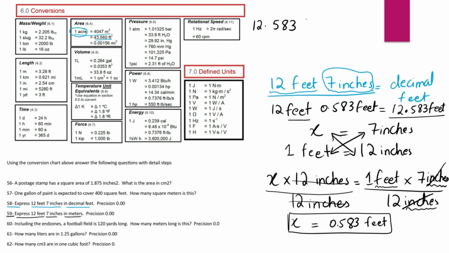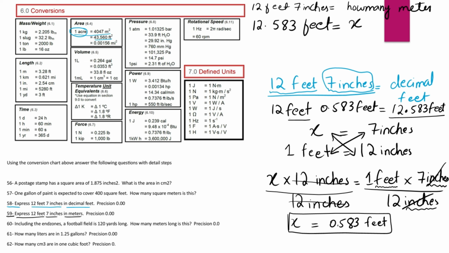So we don't need to convert 12 feet 7 inches again, but we need to convert this value, 12.583 feet, into meters. So we can say this value equals x meters. We are writing x because we need to find this value in meters. So 12 feet 7 inches equals how many meters, right?